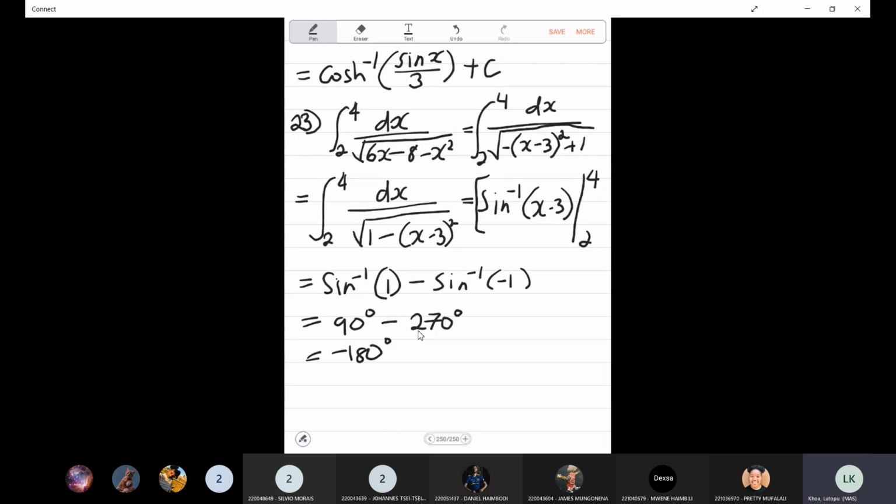So yeah, I need to think about that one, how we would actually justify saying that this is minus 180, but minus 180 is the same as 180 because they are at the same position. Just measure one clockwise and the other one anti-clockwise, I suppose. So this would give 180 degrees. Okay, that was number 23. Then what was the next one? Number 25.